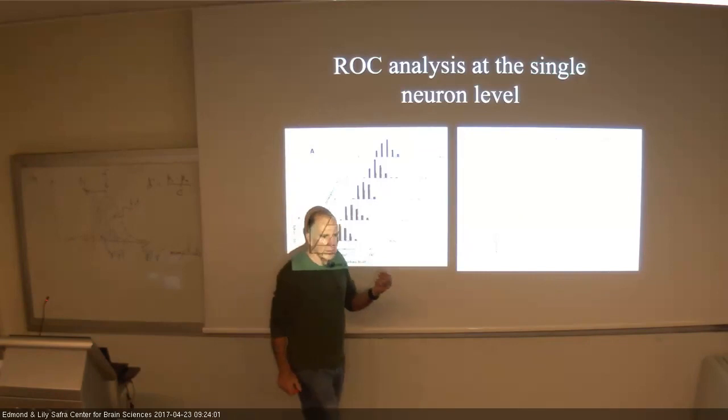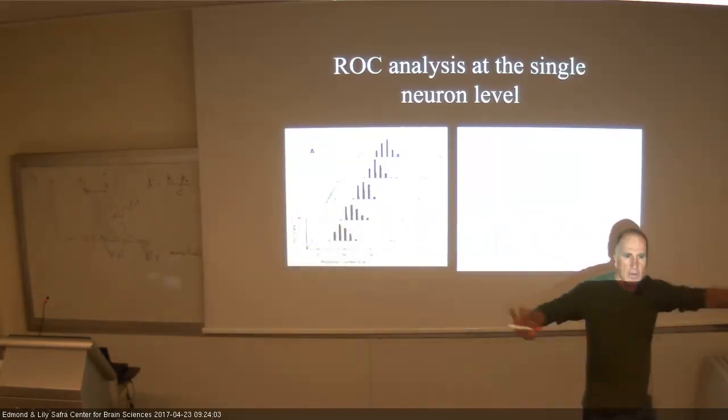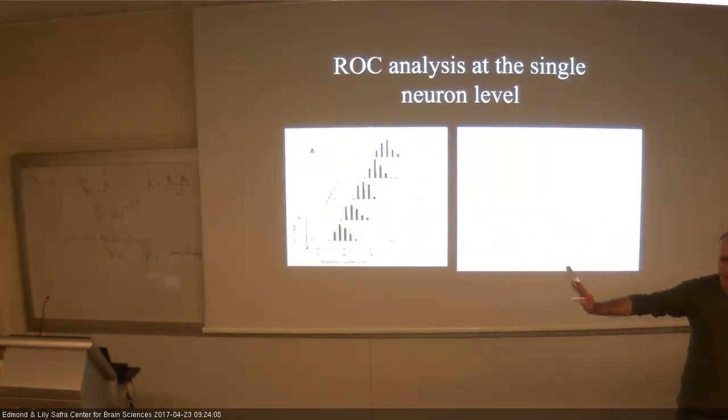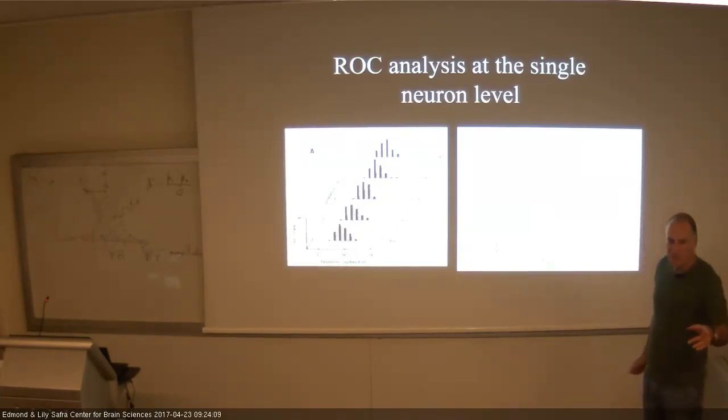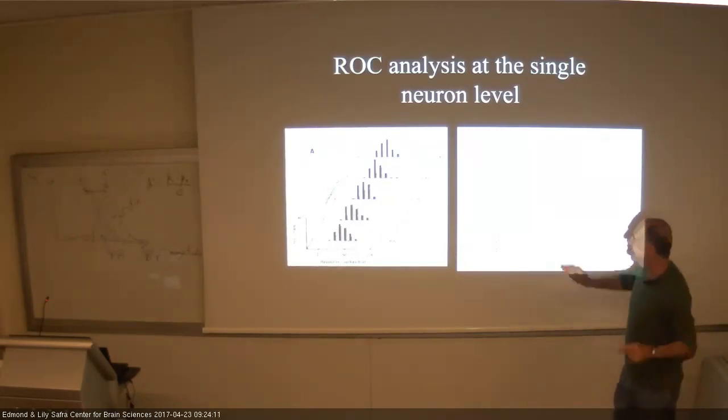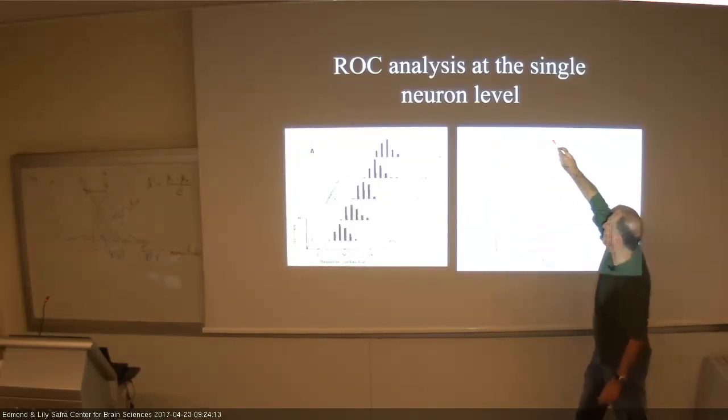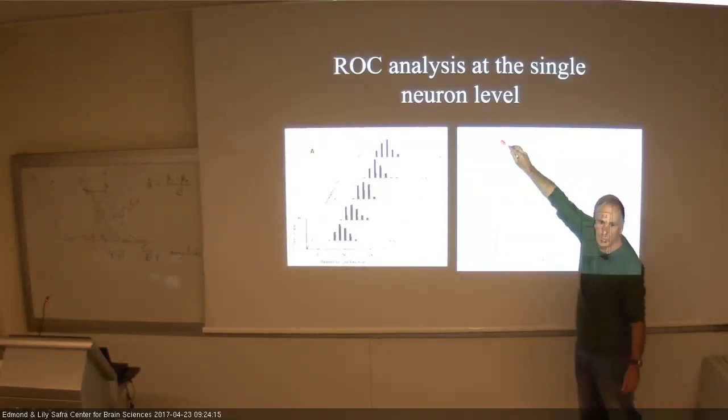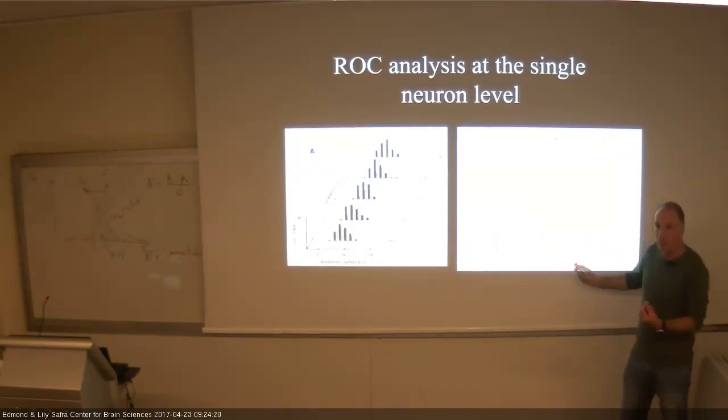And if the two distributions are completely non-overlapping, with zero overlap, what would be the result? It would be something along here: you immediately go to 100% hits without incurring any false alarms.